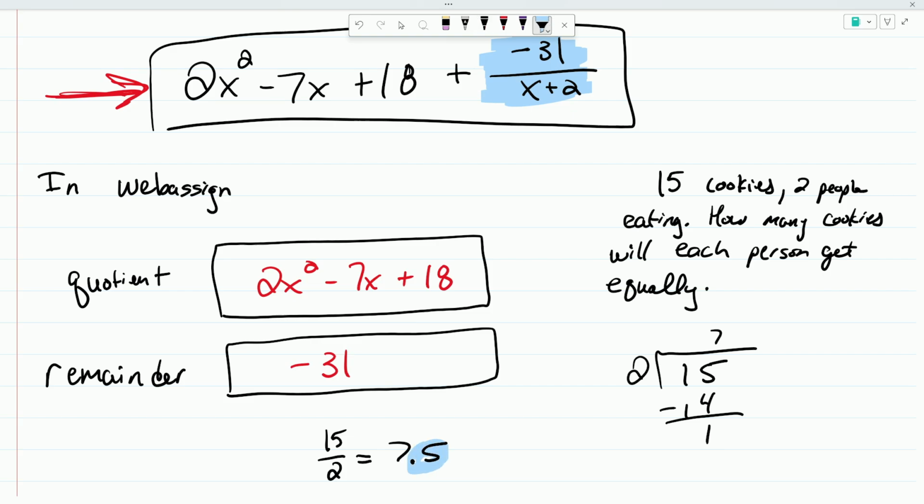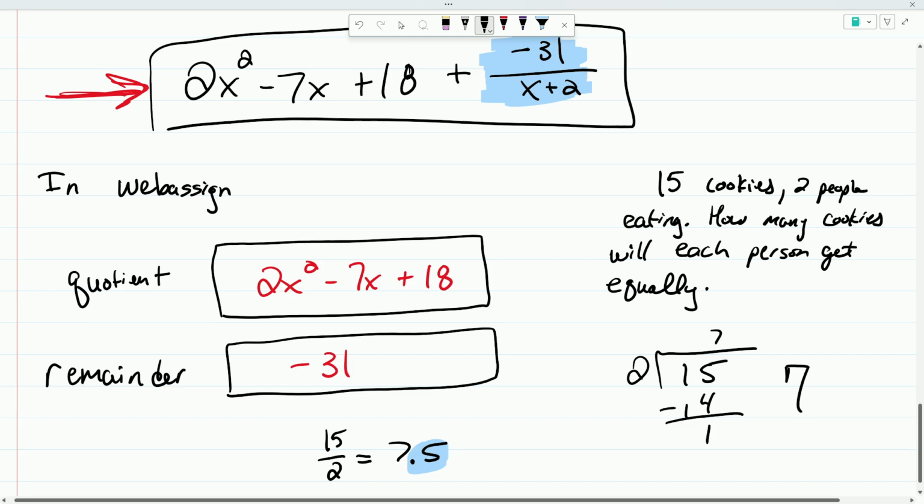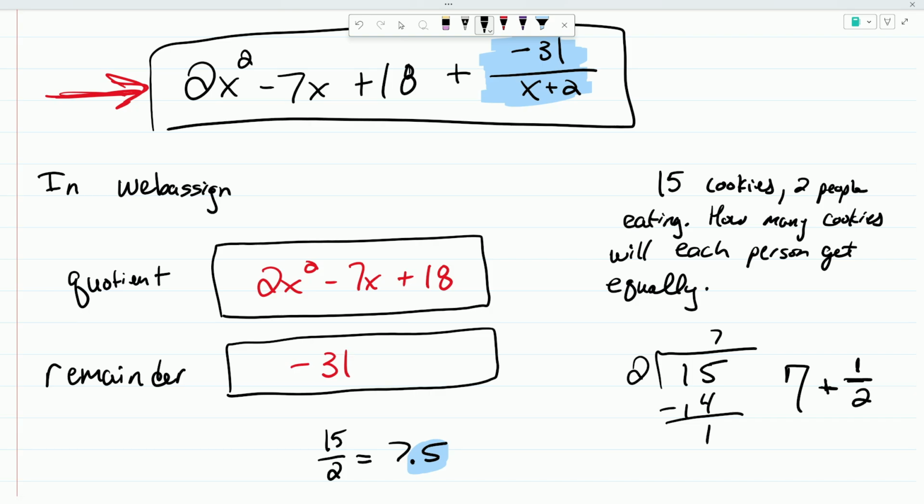The 0.5, everybody, is coming from the fact that you have a quotient of 7 plus your remainder divided by your divisor. 7 plus 1/2. And we know 1/2 is 0.5, and 7 plus 0.5 is 7.5.